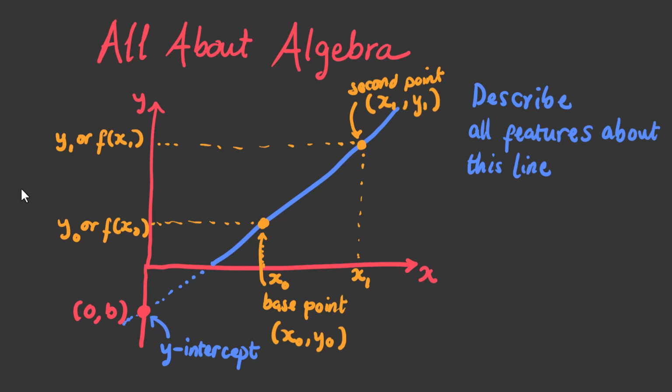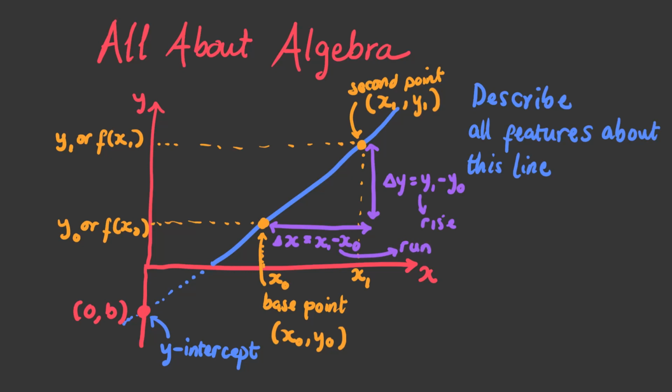Our y goes from y0 to y1, and this represents our change in y, equal to y1 minus y0, while our x, which represents the run, has a change equal to x1 minus x0. So remember that the change in y represents our rise and our change in x represents our run.